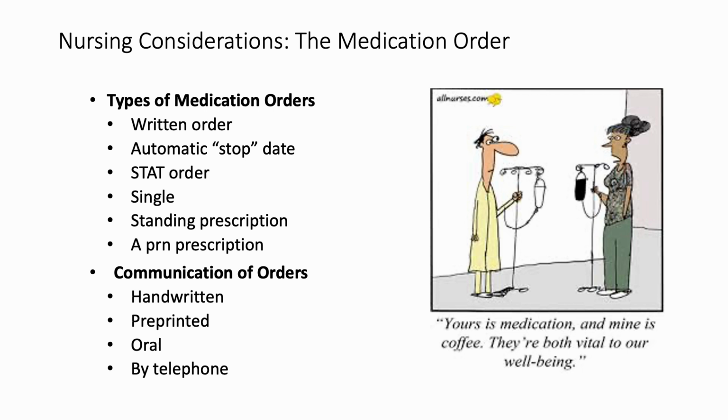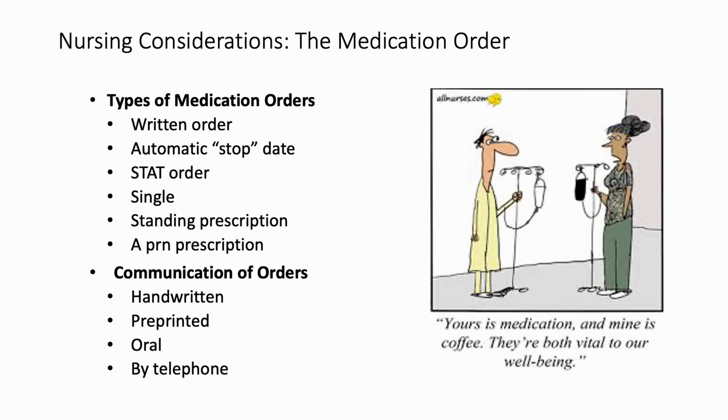Do we have time to go call the doctor for an order right now? No, we need to get our patient back to the land of the living, okay? So for that reason, most hospitals will have a protocol that will say something like, if you have a blood sugar that's less than 70 or less than 50 or whatever it is, give this much IM glucagon and then call the provider afterwards. So that's a standing order.